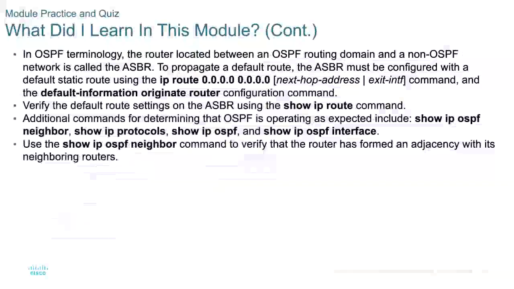And then we had a look at how we could propagate a default static route throughout the process, so everybody knows where the default gateway is. And then lastly, we went through the various show commands to verify the operation of the process.